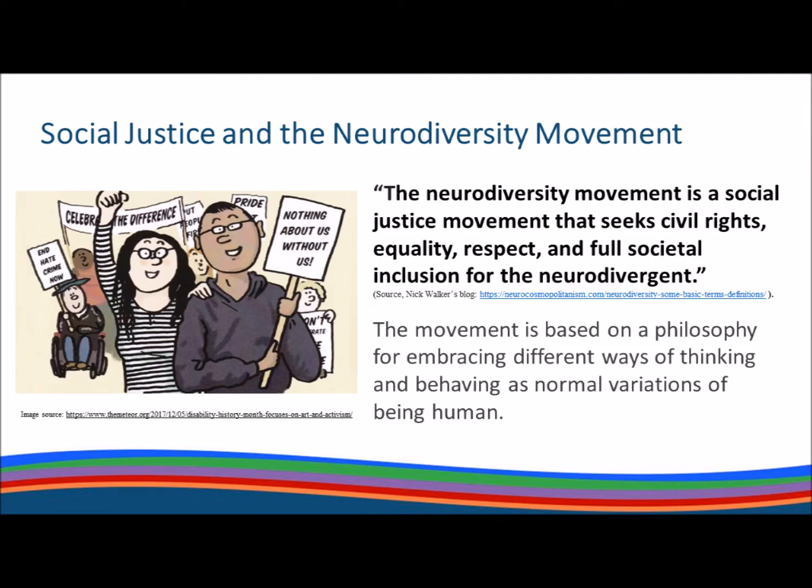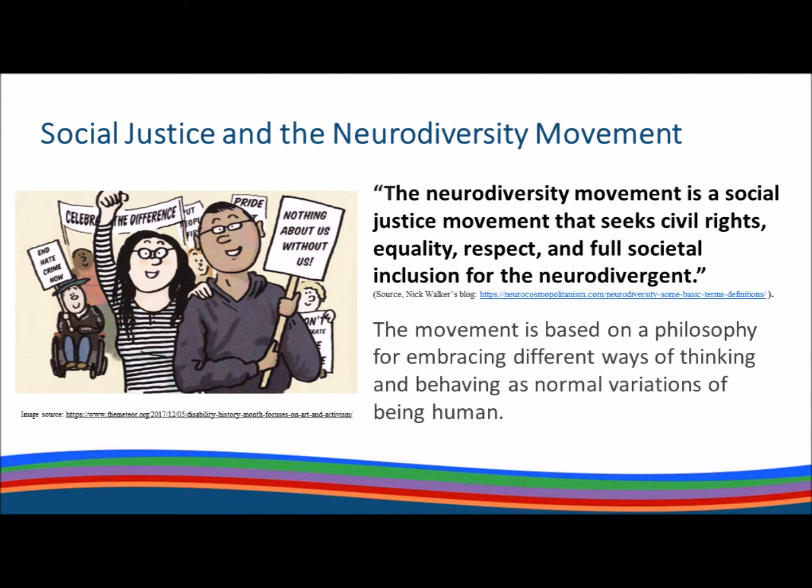The neurodiversity movement began with the autism rights movement, and the term neurodiversity was coined by autistic self-advocate Judy Singer in the late 1990s. The neurodiversity movement is not something new. According to autistic self-advocate Nick Walker, the neurodiversity movement is a social justice movement that seeks civil rights, equality, respect, and full societal inclusion for the neurodivergent.